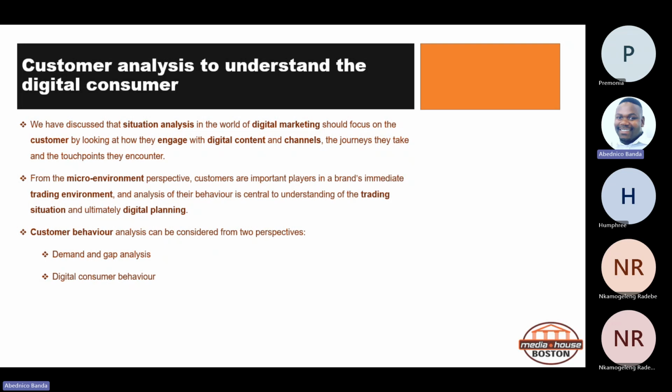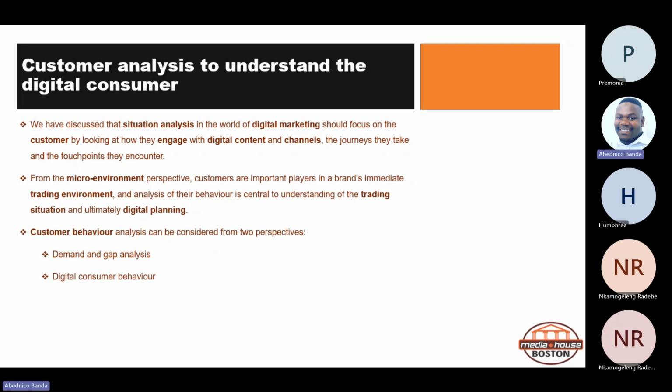There's a demand for All-Star Converses, so let me stock more so that I can sell these Converses because it is in demand. Or there's a gap. There's actually no one supplying these Converses. So if I were to provide these, I'm going to have more customers. That's the first perspective, demand and gap analysis.